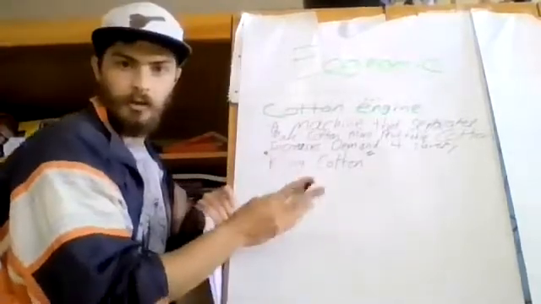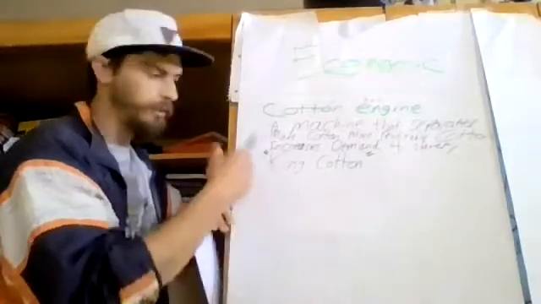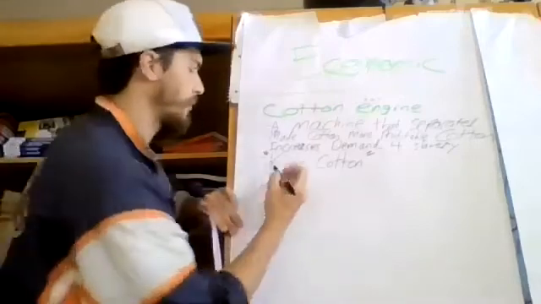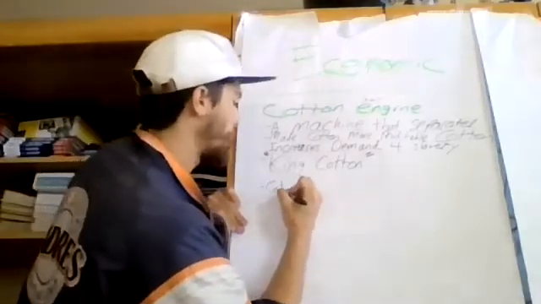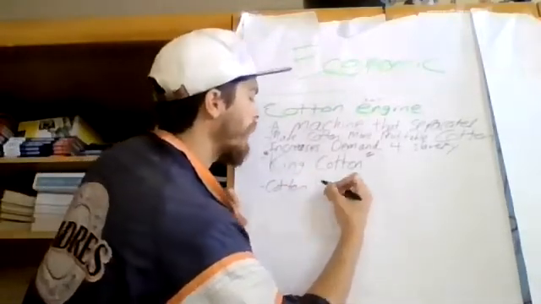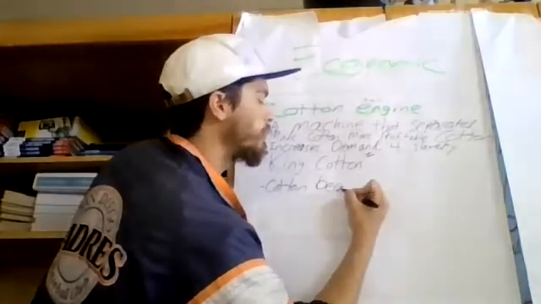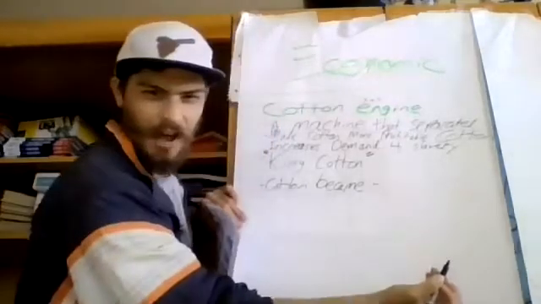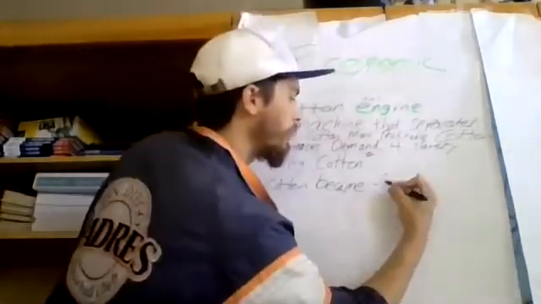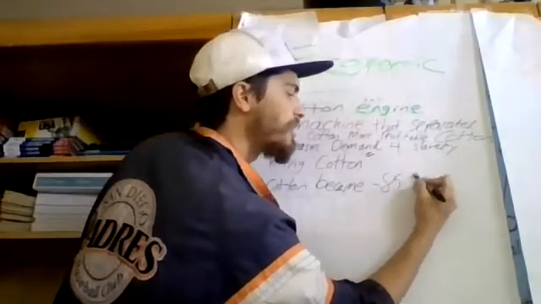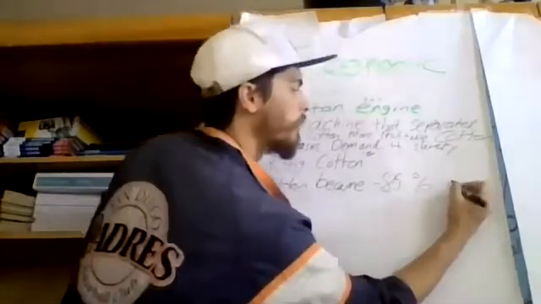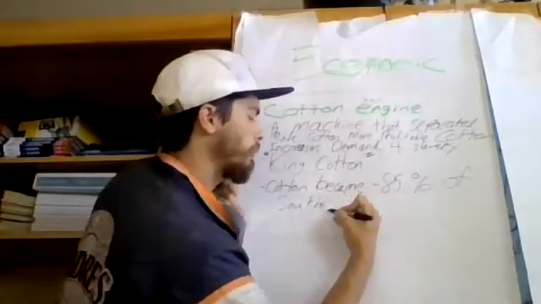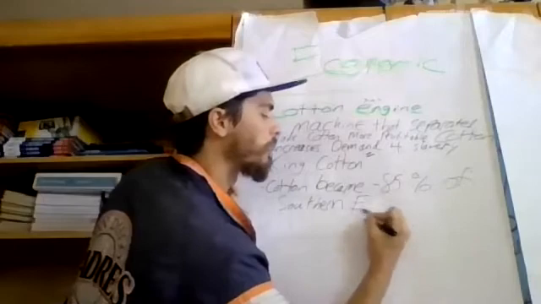So as far as ways that the South tried to justify slavery, cotton became around 85 or 90%, 85%-ish of the Southern economy.